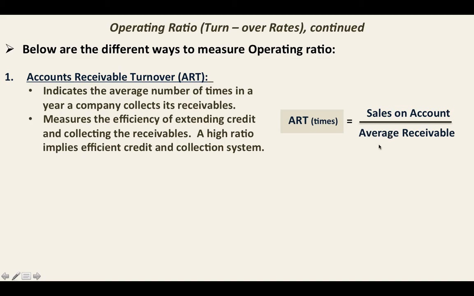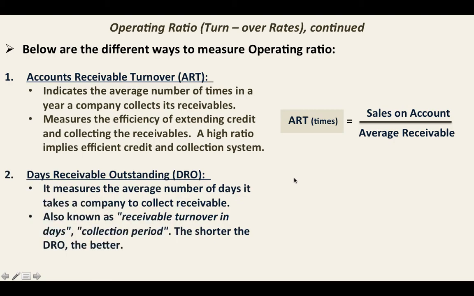average receivable, okay? The next operating ratio is days receivable outstanding. This is in relation to the accounts receivable turnover. Days receivable outstanding measures the number of days, while ART is the number of times.